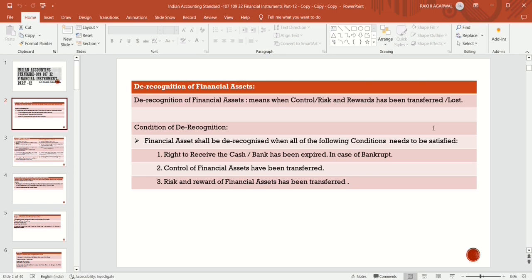In that case also the asset is to be derecognized. If the asset is sold, if the asset has been transferred, and the risk and reward of that asset have been transferred, in that case also it will be derecognized. So these are the conditions which need to be satisfied in order to check whether derecognition is there or not.